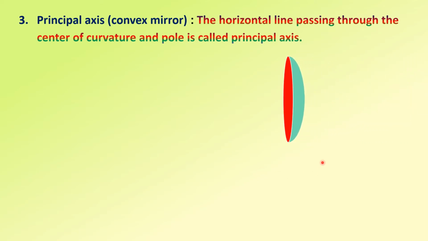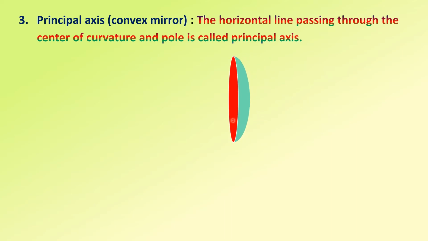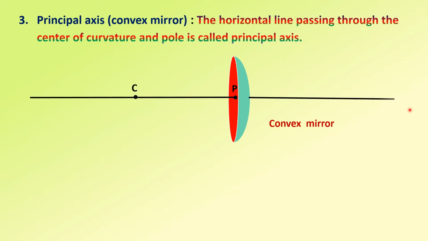See here, this is a convex mirror. This side is the reflecting surface. Here is the pole P and here is the center of curvature C. This is the line passing through C and P and called the principal axis.